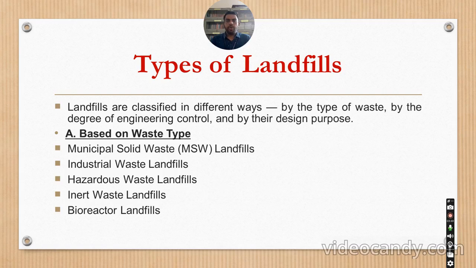First of all, you should know what types of landfills occur in that situation. They are classified first by waste type.